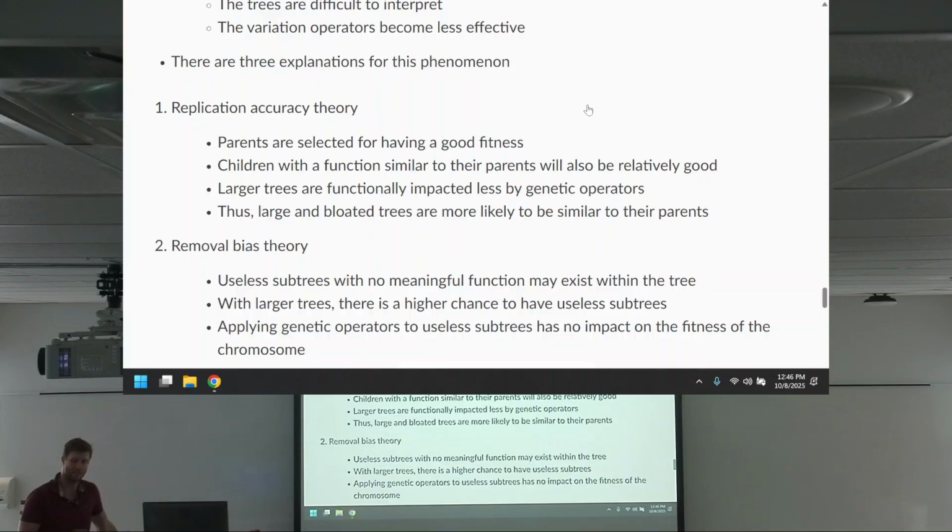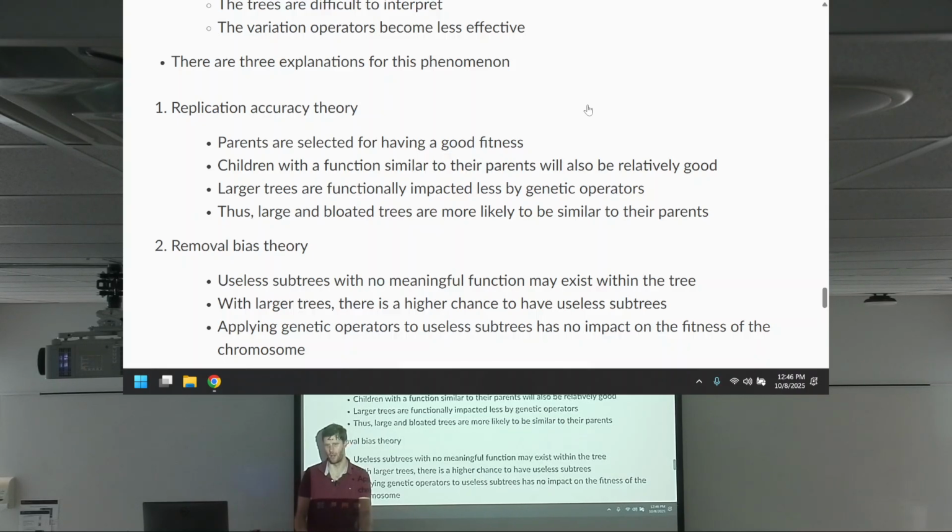Children with a fitness similar to their parents will also be relatively good. If the parents had a fitness of about X, and the children's fitness is also around X, and X was good, that means they're also relatively good. Makes sense?